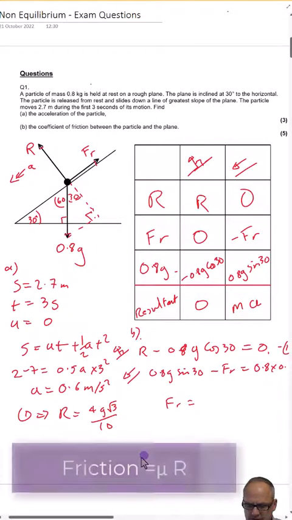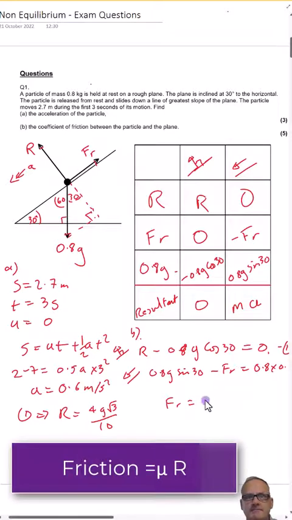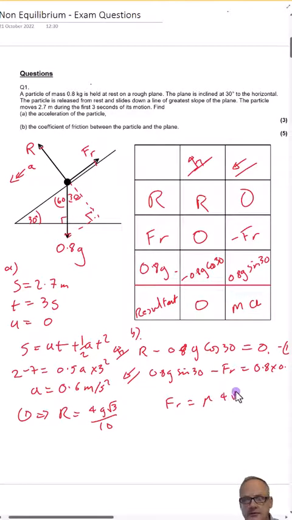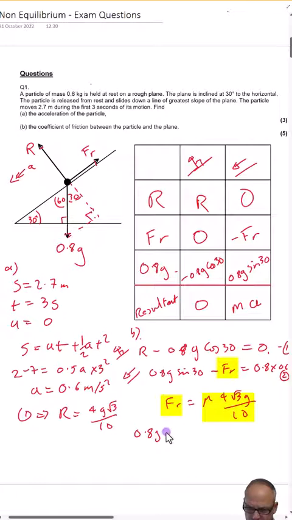Now the friction is equal to mu R, so friction will be mu times 4 root 3 g over 10. Now we can put this into our second equation. Substituting that in, we get 0.8 g sin 30, which is a half, minus the friction, will equal 8/10 of a, so that's 48 over 100 or 0.48, depending on how you look at it.